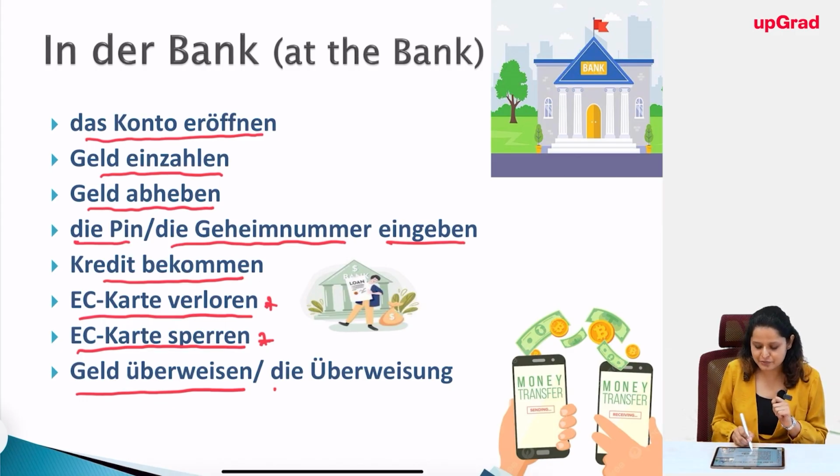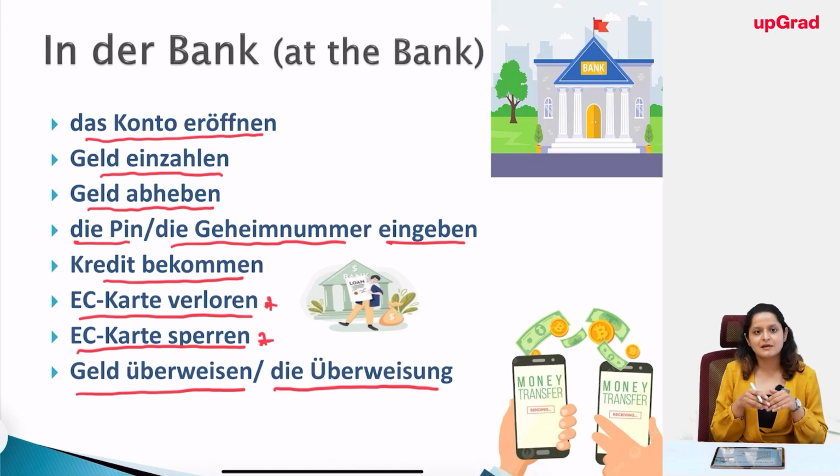Or you can also use the noun, die Überweisung, which means transfer. A lot of times when you fill forms, they can ask you preferences as to how you would like to receive or pay money for something. In that case, if you wish to use a money transfer, please select this word, Geld überweisen or Überweisung, whatever is mentioned on your form.